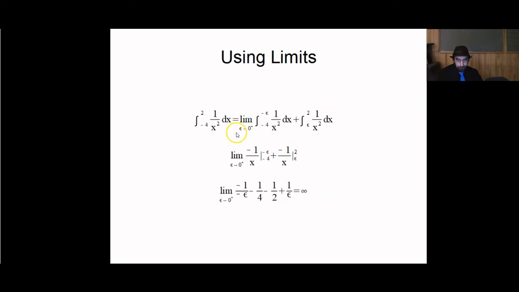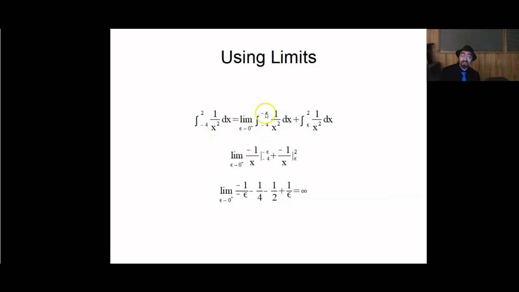We'll assume that epsilon approaches 0 from the positive side, so epsilon is always some number slightly more than 0. This integral from -4 to 2 of 1 over x squared is the limit, for small positive epsilon, where we're not going to quite cross the line.